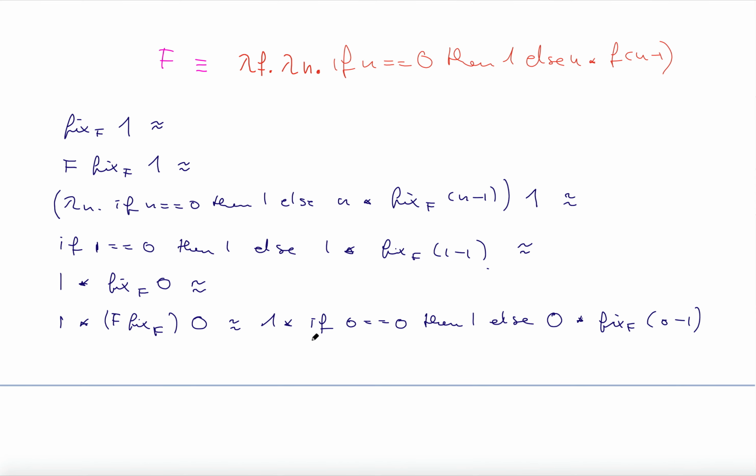And now we are in the situation where we have the true branch. The condition evaluates to true, so we go to the then branch. So this reduces according to the rules for if then else to 1 times 1, and then our last reduction is just times tables. 1 times 1 is 1.